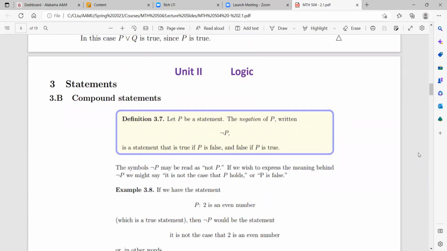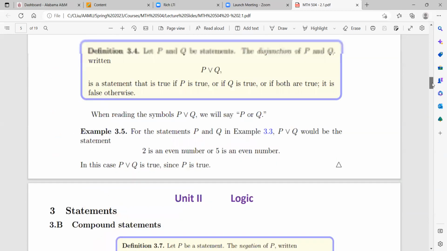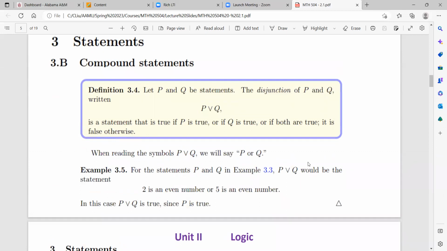So let's just see one example. The same example, statement P is 2 is an even number, and statement Q is 5 is an even number. So P V Q, or P or Q, if we just translate this symbol, it means 2 is an even number, or 5 is an even number.